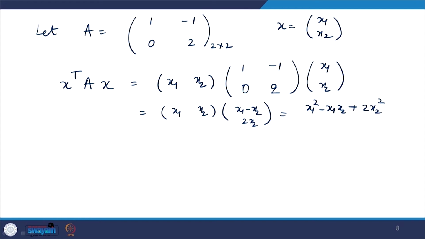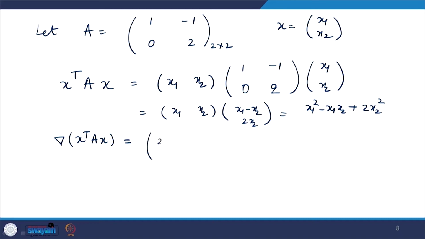So, by simple calculation we can obtain X transpose Ax as this. Now, let us compute gradient of this. Gradient of this means, here there are only 2 variables. So, del of this with respect to x1 and del of this with respect to x2, transpose.